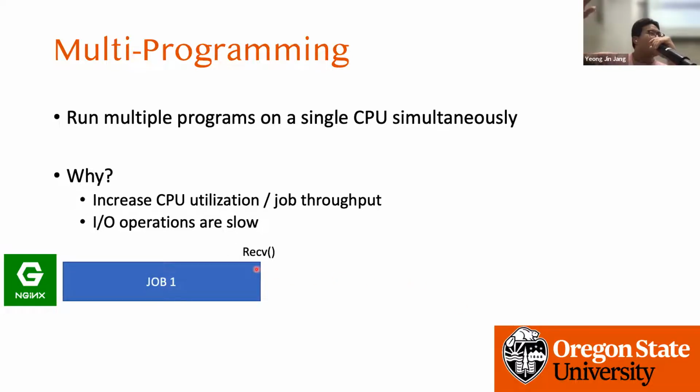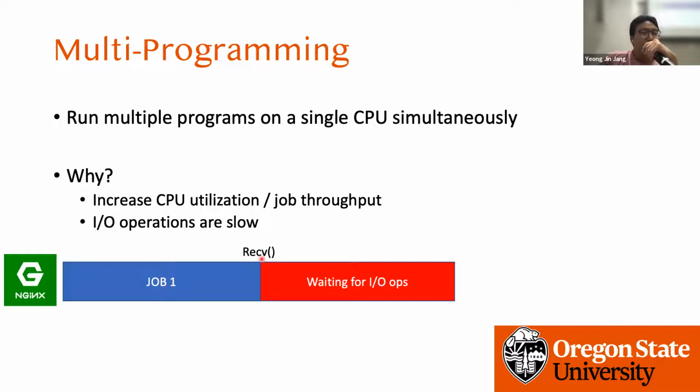While handling the client request, it needs to receive what kind of request is coming from the internet. Usually internet latencies are 10 or 30 milliseconds, which is much bigger than the interrupt window of the CPU. So what happens if we run Nginx without any kind of preemption?